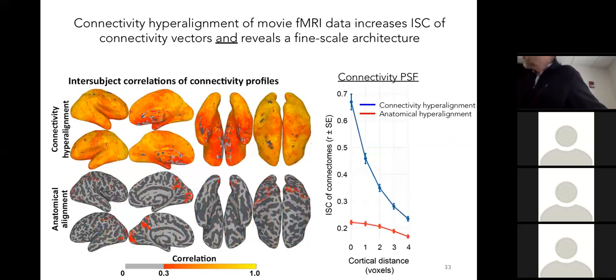Everywhere, we're seeing that there's a very fine-grained variation in functional connectivity. So the neighboring vertex has a connectivity pattern that's not as highly correlated with the index vertex. For the anatomically aligned data, the cortical connectivity looks about the same, 2, 3, and even 4 steps away.